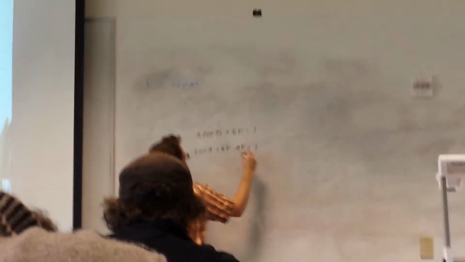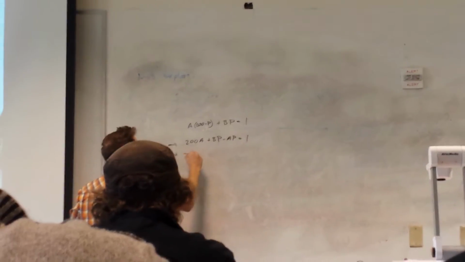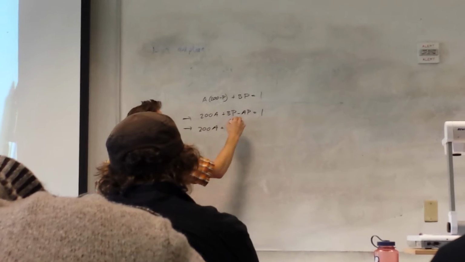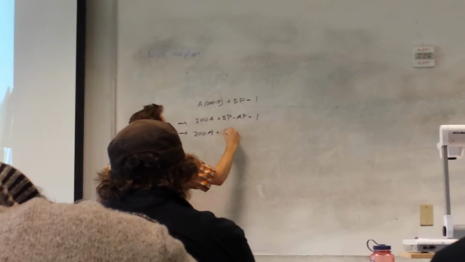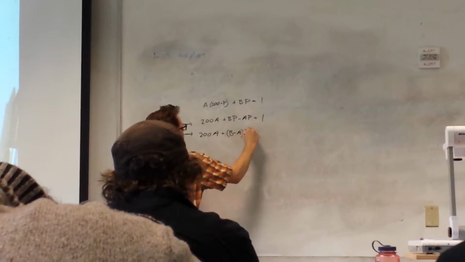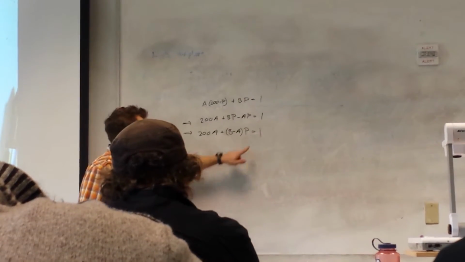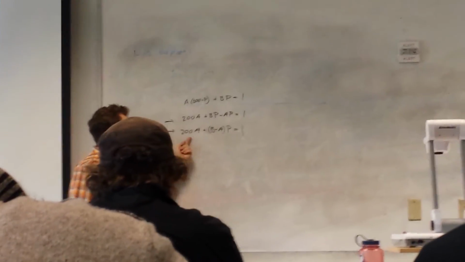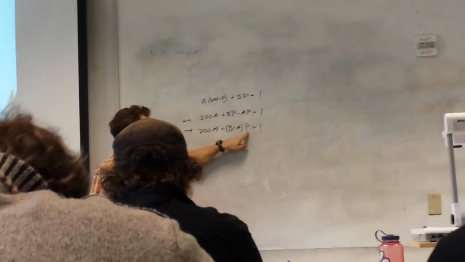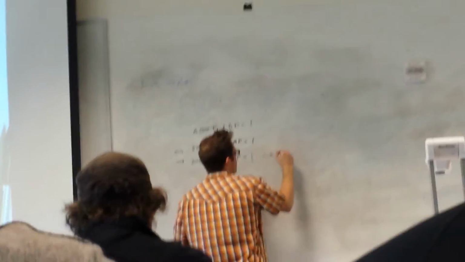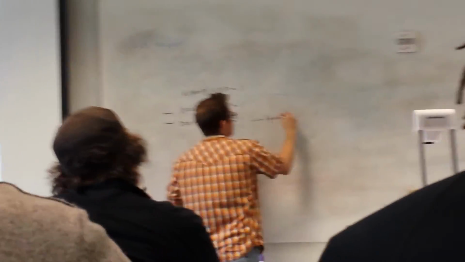I have 200a minus ap plus bp, or plus bp minus ap, right? 200a plus, and I factor out the p, (b minus a)p equals 1. Now, on the right-hand side, we have a constant. On the left-hand side, we have a polynomial in p. You equate like coefficients, or equate coefficients of corresponding terms.